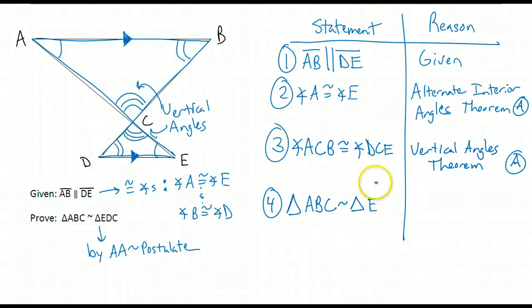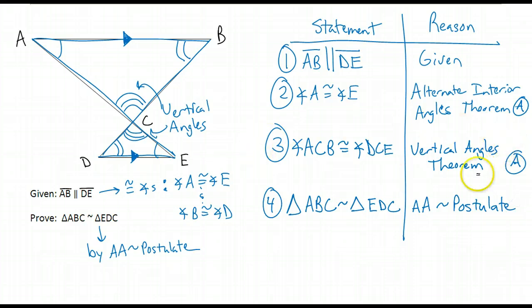D corresponds with B, and C corresponds with C. And those two triangles are similar by the angle-angle similarity postulate. I could have written this proof differently by exchanging this statement with this statement, and again, the same reason, alternate interior angles. This was just an example of how to do this proof correctly.